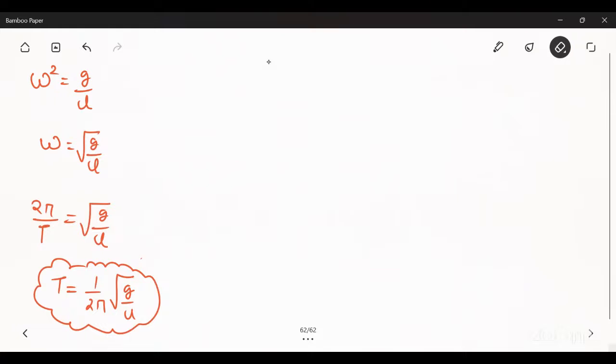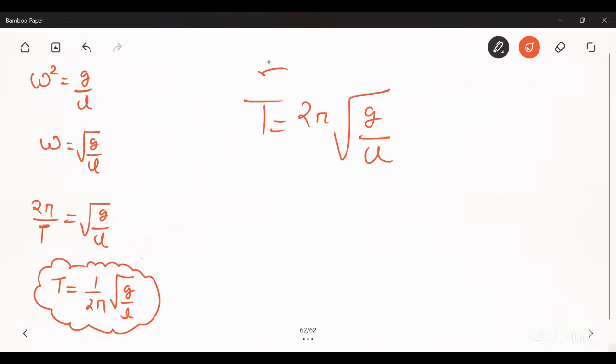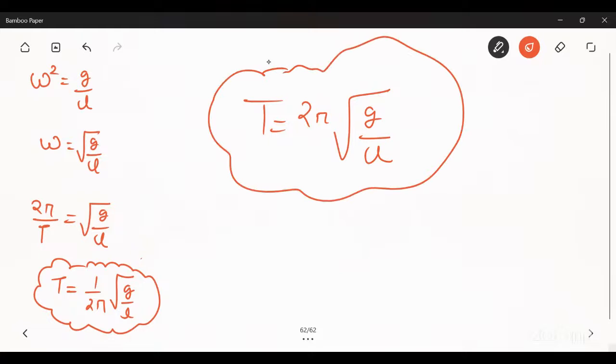What it means is that the time period depends on its length L and acceleration due to gravity g, but is independent of the mass of the ball.